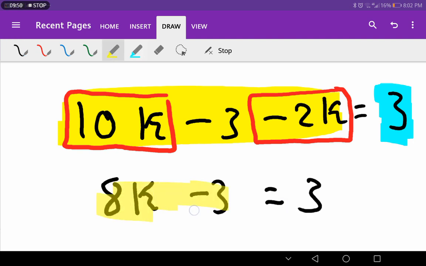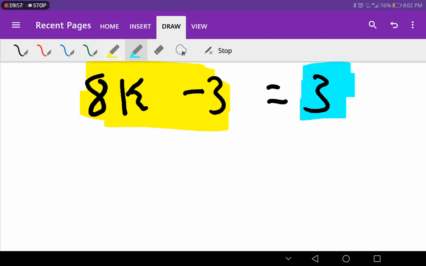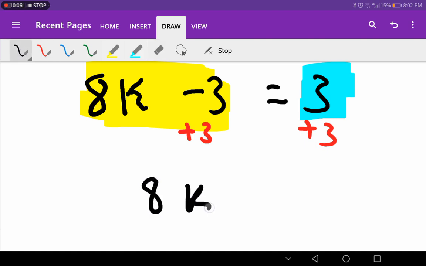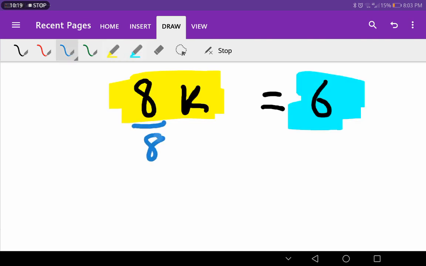Left side, right side, and we add 3, my dear student, here and here. So 8k comes down, not alone and happy, we have the coefficient, we are not finished yet. So again, left side, right side, divide by 8, divide by 8.